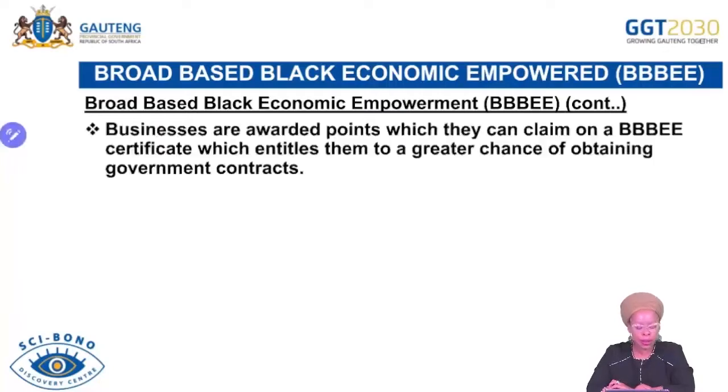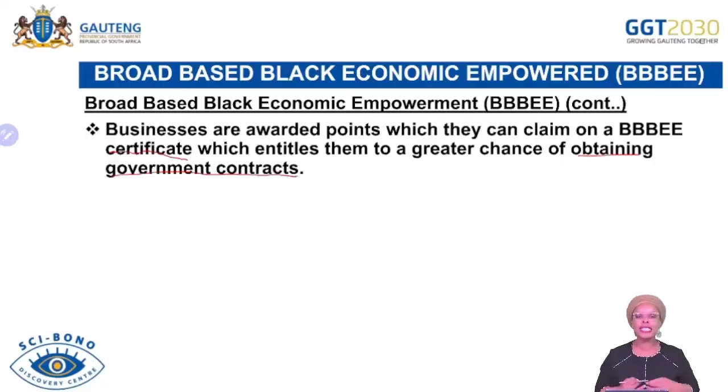Let's continue with Triple BEE. Businesses are awarded points which they can claim on a BBEE certificate, which entitles them to a greater chance of obtaining government contracts. If your business has a Triple BEE certificate, it gets the opportunity to participate in government contracts.